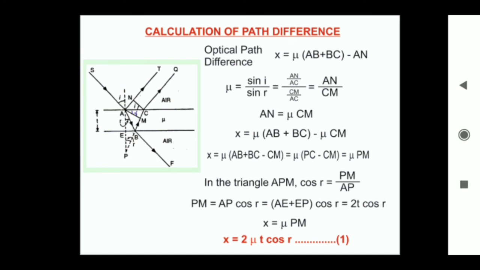But AE is equal to EP and it is equal to t. Therefore, we have PM is equal to 2t cos r. Substituting this in the above equation, x is equal to mu into PM, or the path difference x is equal to 2 mu t cos r. This is equation 1.